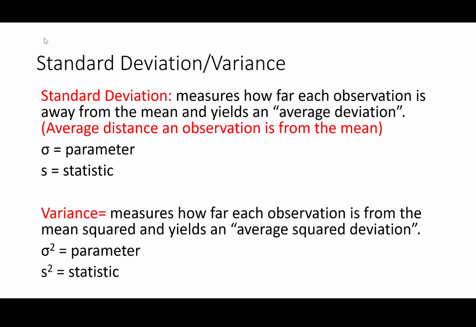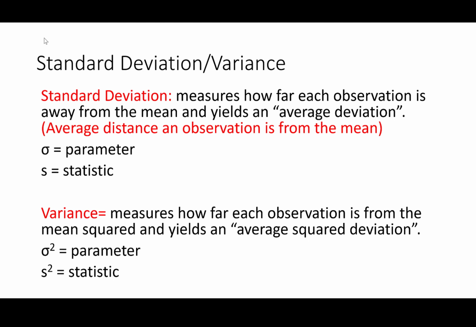The variance, on the other hand, essentially does the same exact thing as the standard deviation, except that it measures the average squared distance an observation is from the mean. Not the regular distance, but the squared distance. And you'll notice the notational pieces for the variance are similar to that of the standard deviation.